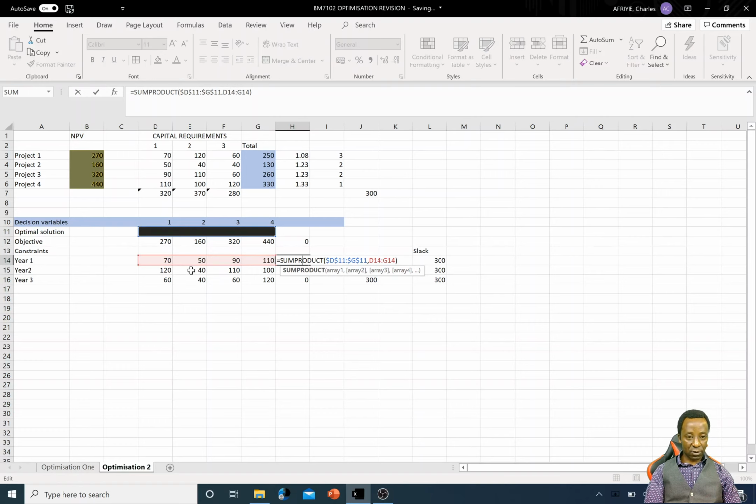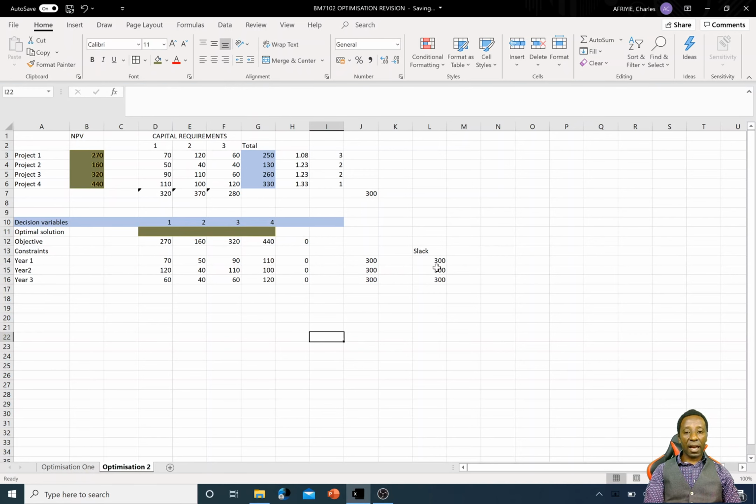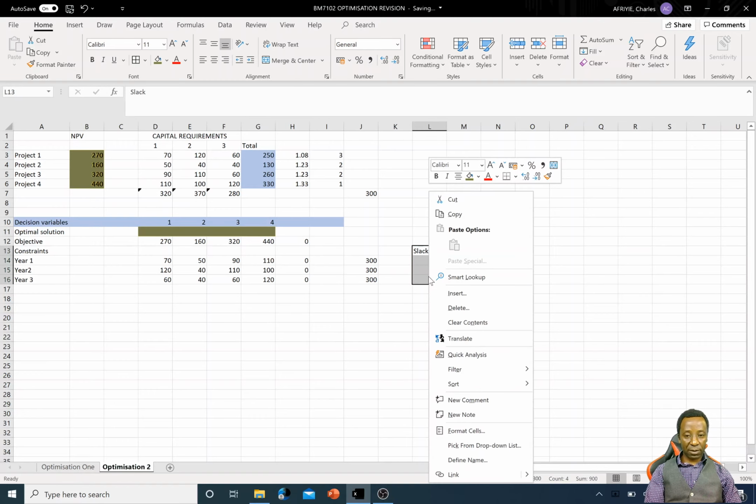I dragged it down so that each of these rows will be multiplied by the optimal values row. Just check each one like so. Good. And then we remember that the total capital available for each year is 300. Please remember we've made that up, okay?